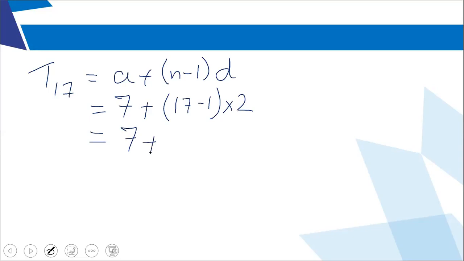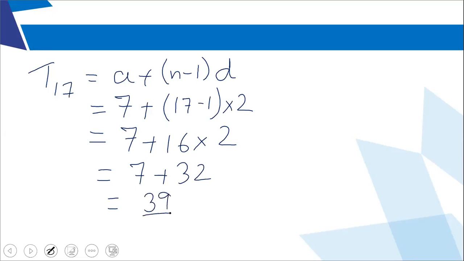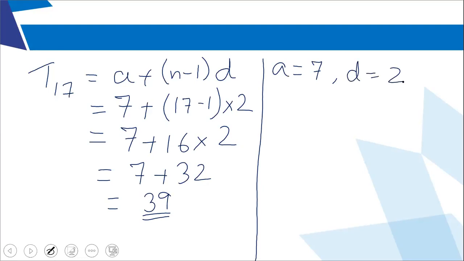Now it is simple. So this is the number which is sitting at the 17th place. Since you know the first term, which is 7, and the common difference, which is 2, sometimes they also tell you to find out the series.